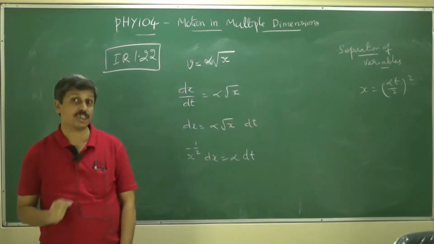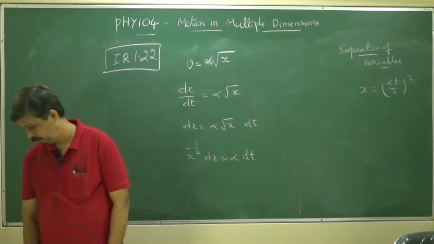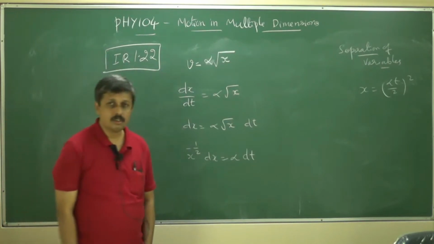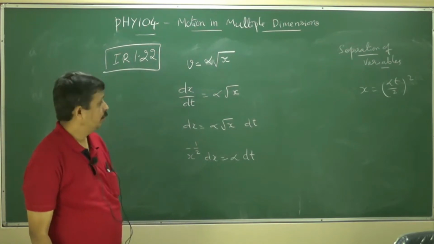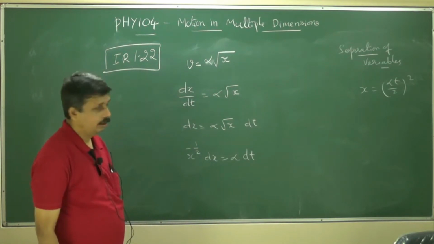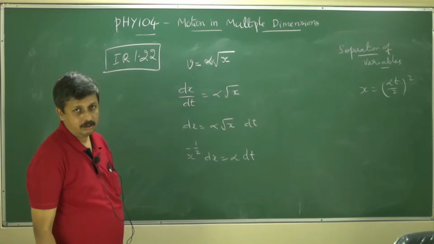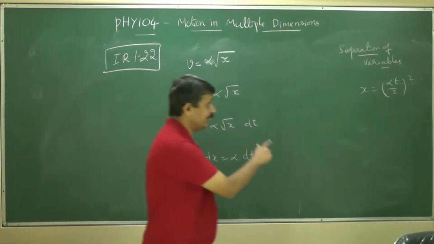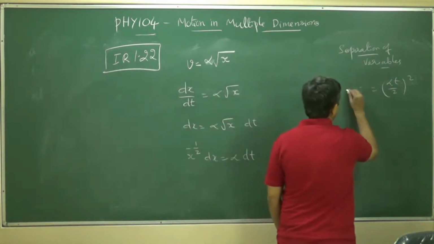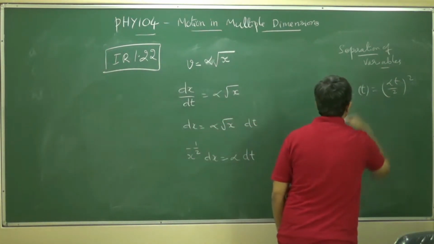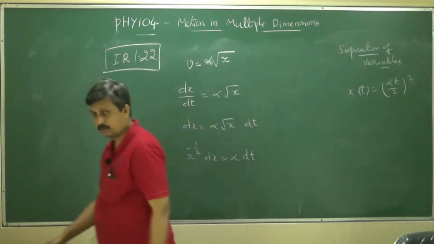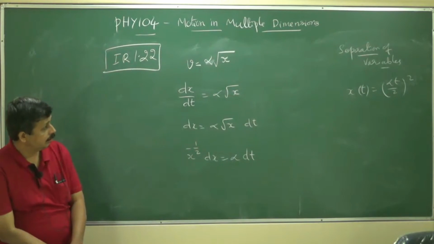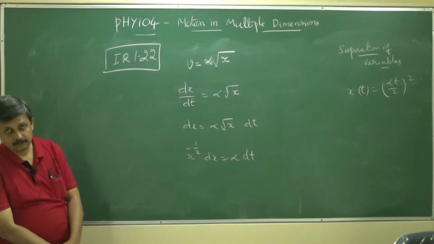So what was our question? Look at the question also. What do we have to find out? We have found out x only. This is x of t. What is v of t? V is already given.